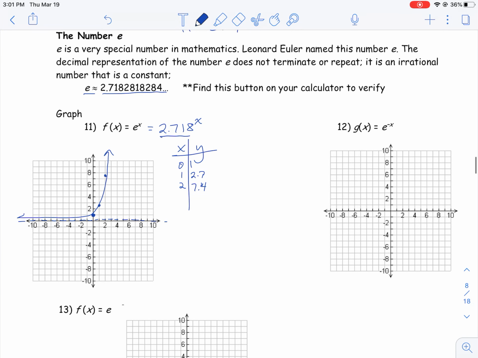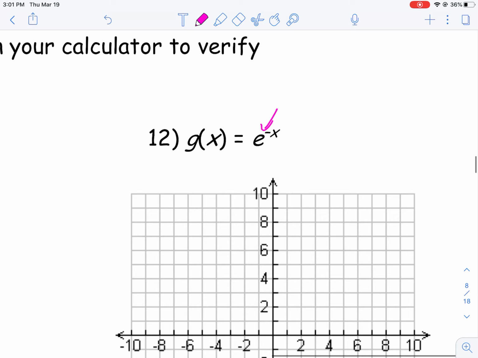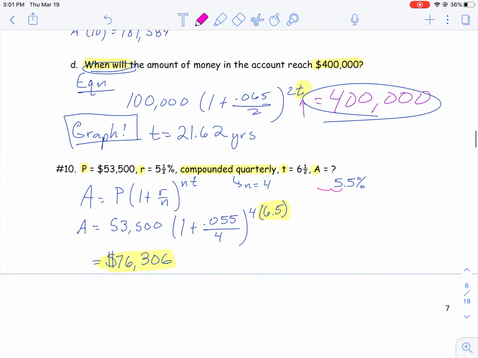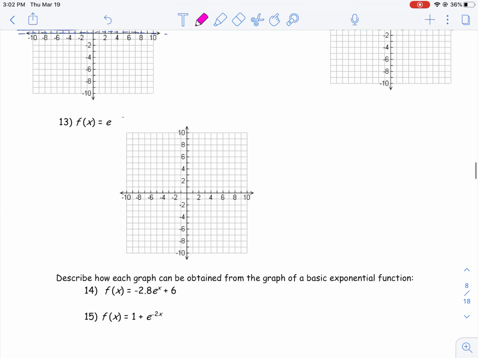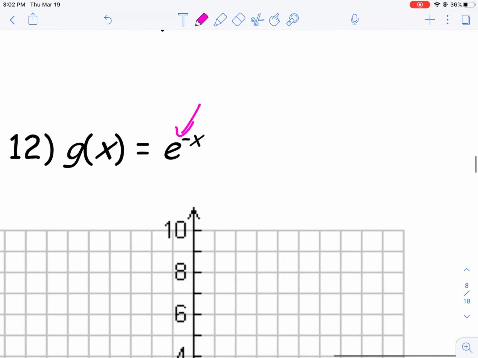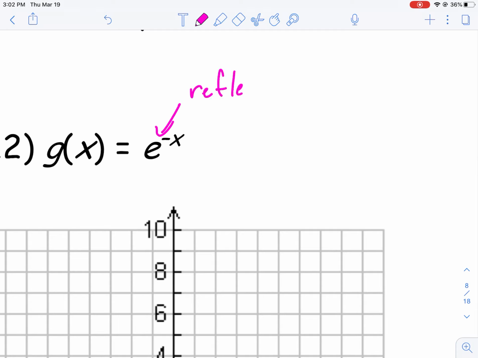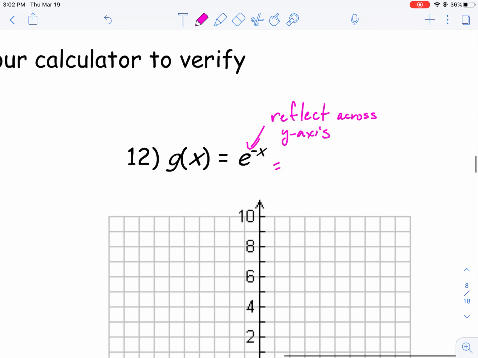All right, so what happens here? If we look at number 12, you notice it's very similar. How is it different? Hopefully you're noticing this negative symbol. And if you think back to transformations, when the negative is inside the function, it's going to reflect horizontally, so it's going to flip horizontally across the y-axis, which again makes sense.